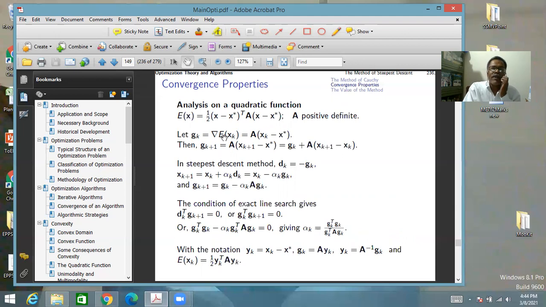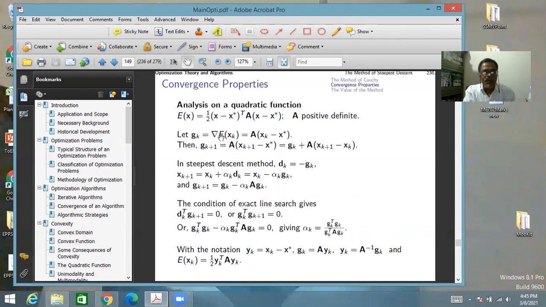Make note that our intention will be to develop some idea about this error function at x_{k+1} divided by this error function at x_k, or its powers. Okay, so that is how we talk of rate of convergence, convergence ratio, etc. So that is why we are organizing it in this manner.